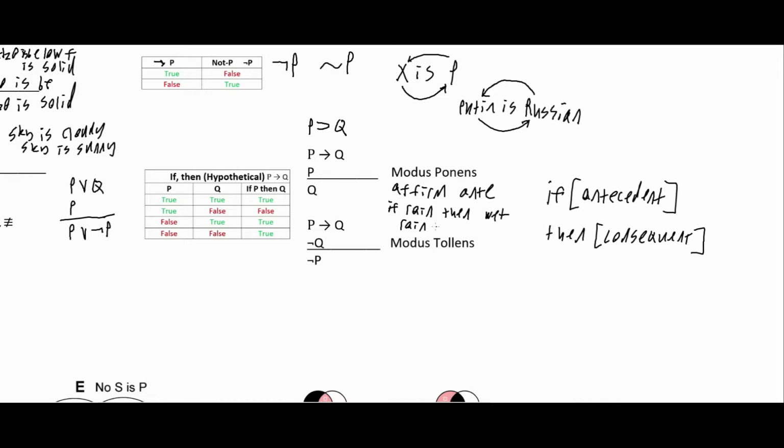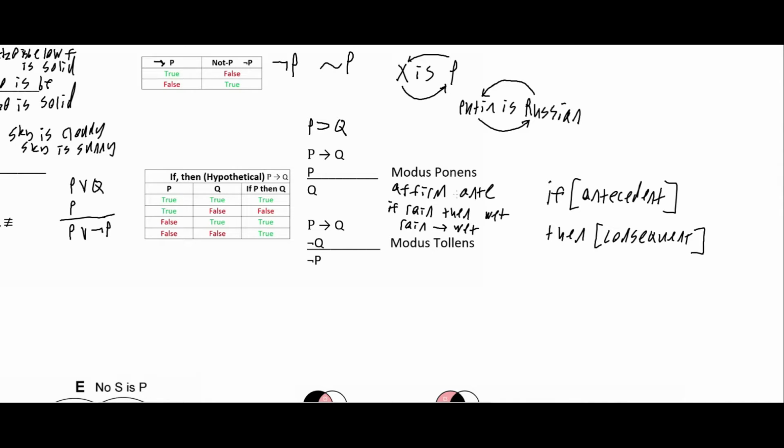Rain, therefore wet. So if it's raining, then it's wet. Well, it's raining, so that must mean it's wet outside. That one is usually pretty easy for people to grasp. I mean, that's the quintessential if-then statement. If P, then Q. P, therefore it must be Q.